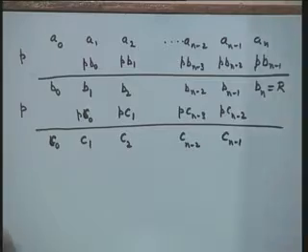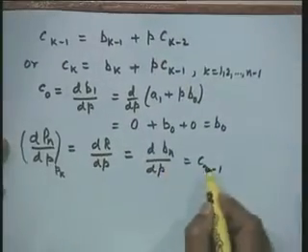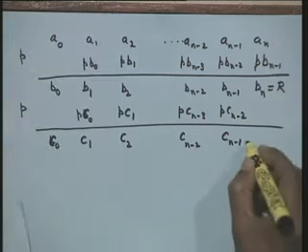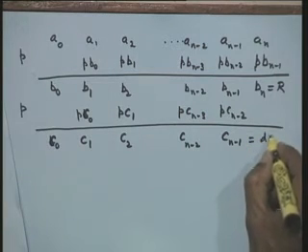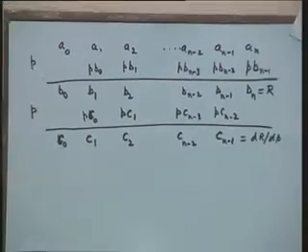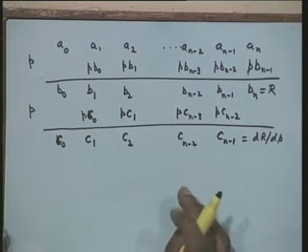Now we have shown in the previous step that our derivative is simply Cn minus 1. Therefore this last coefficient is our dR upon dP.